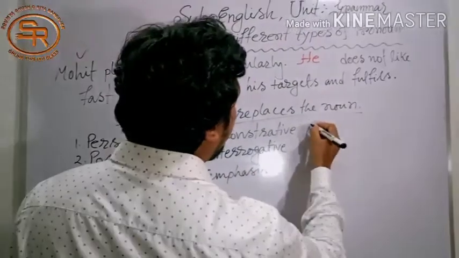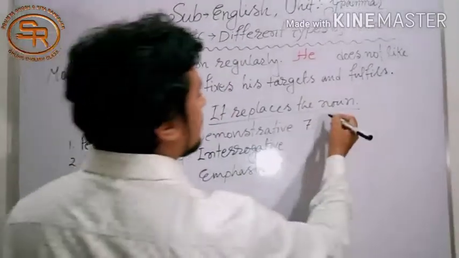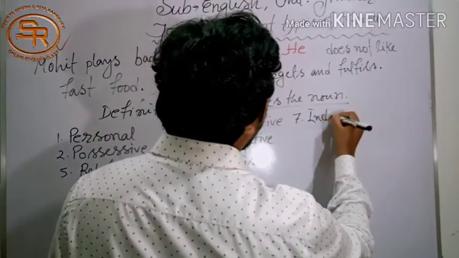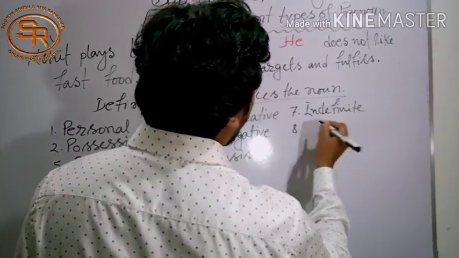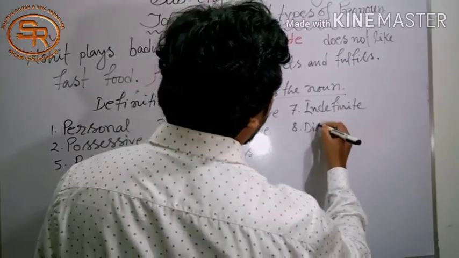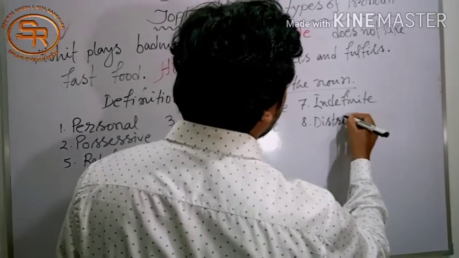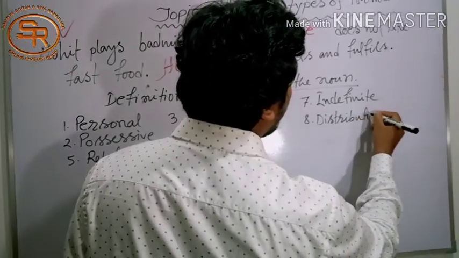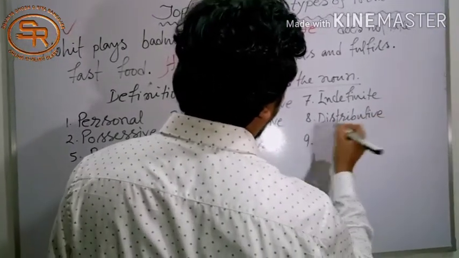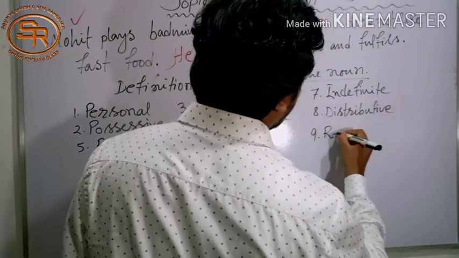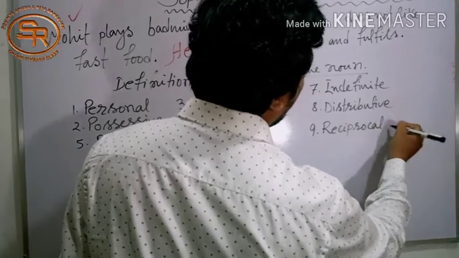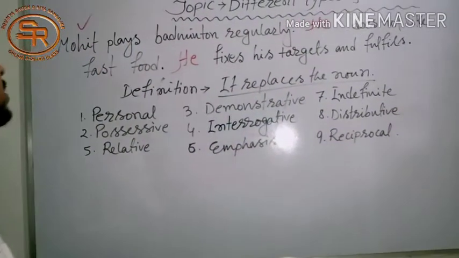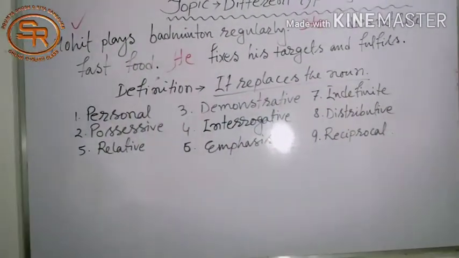Number 7, indefinite pronoun. Number 8, distributive pronoun. And number 9, reciprocal pronoun. Okay, so we will talk about these things one by one.